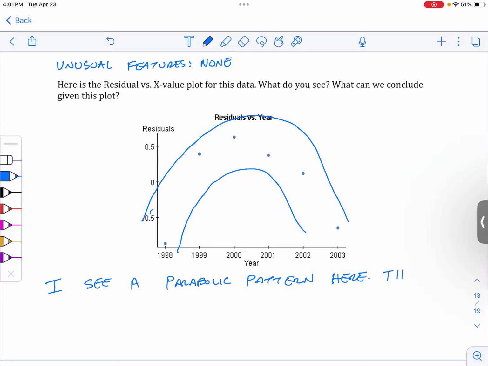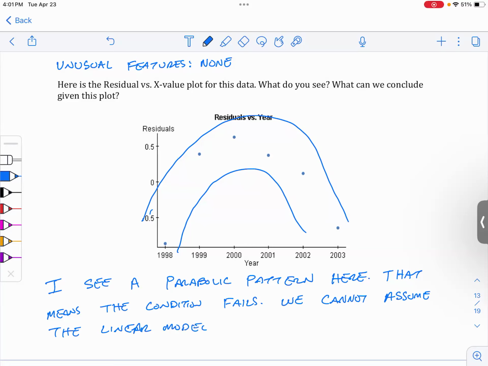That means the condition fails, we cannot assume the linear model is appropriate.